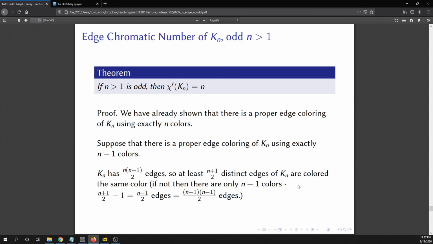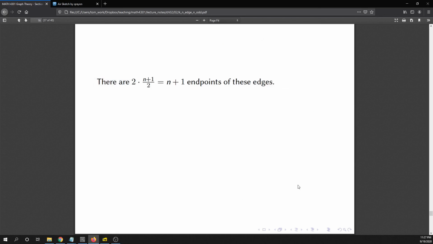And so those n plus 1 over 2 edges are each going to have 2 endpoints. If you multiply that out, you get n plus 1 endpoints. And we know that there's only n vertices in the entire graph, and so one of those endpoints has to be repeated.